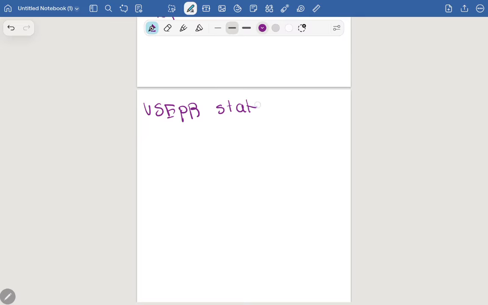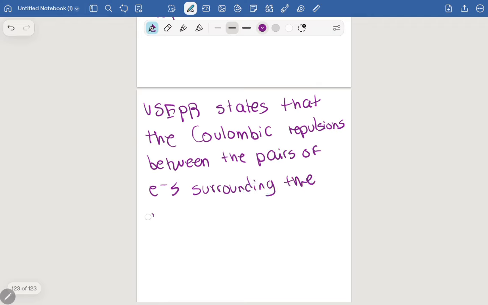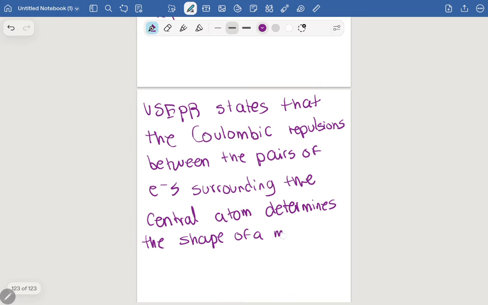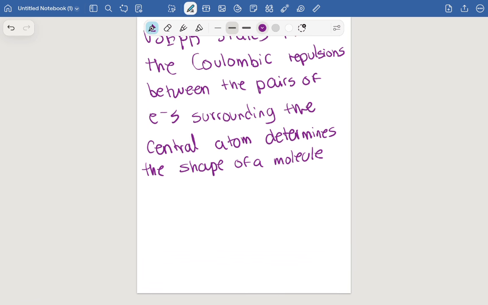VSEPR states that the Coulombic repulsions between the pairs of electrons surrounding the central atom determines the shape of a molecule by orienting the electron pairs as far apart as possible to minimize energy.